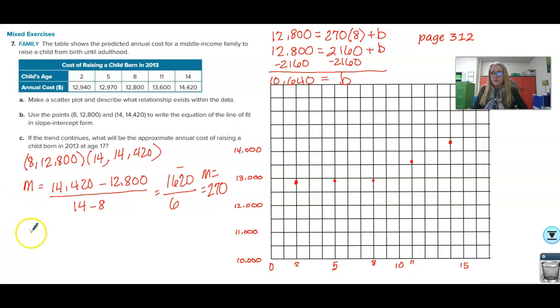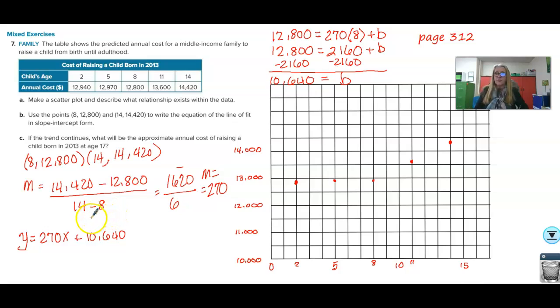Okay, so our equation in slope-intercept form would be y equals, m is our slope, so that's 270x, and our initial value is 10,640.